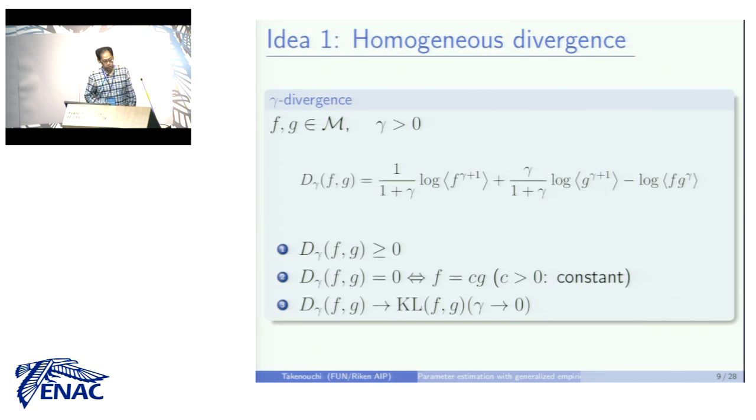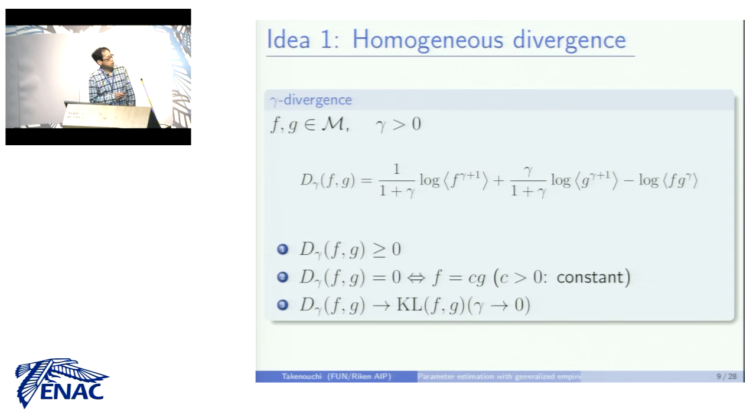So, okay, first is the homogeneous divergence. F and G are some positive measures, and gamma is a positive constant. Then the homogeneous divergence is defined like this. This divergence is called the gamma divergence.